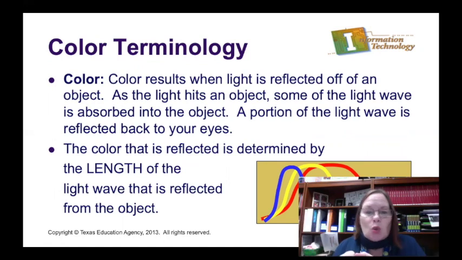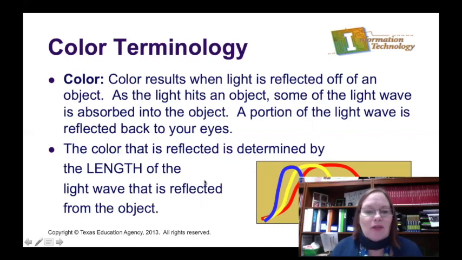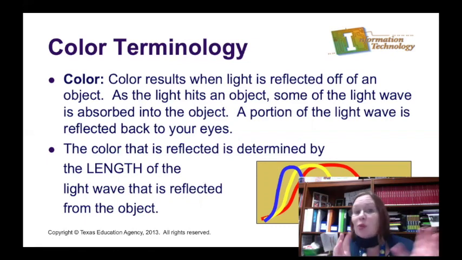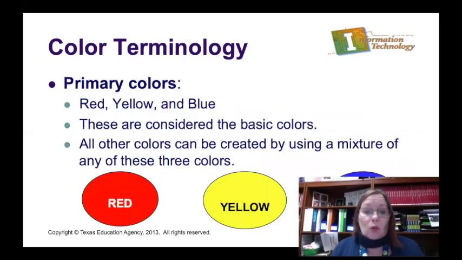Everything else is absorbed into this pen, and we only see the color that's reflected back to us, right? The length of the wave helps us determine the color. So you've seen spectrums, you've seen prisms or rainbows. Those all have to do with how big the wave is.